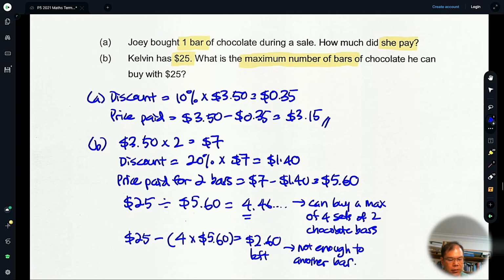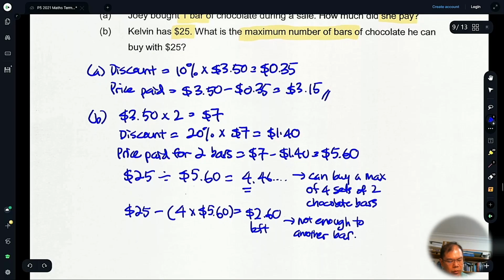Even at the discount, you need at least $3.15, but you only have $2.60 left, so not enough to buy another bar, right? So maximum of 4 sets, each set is 2 bars, so total he can buy 8 bars with $25.